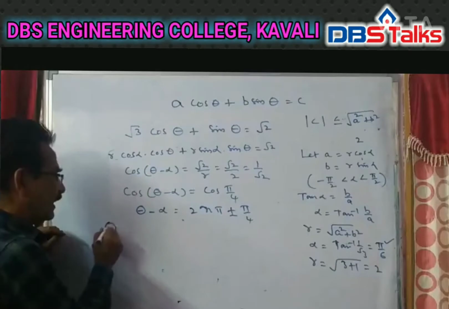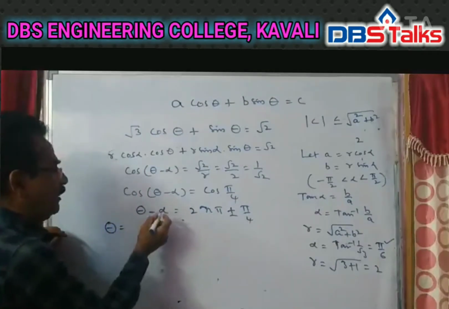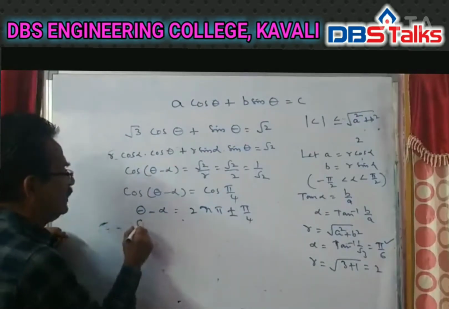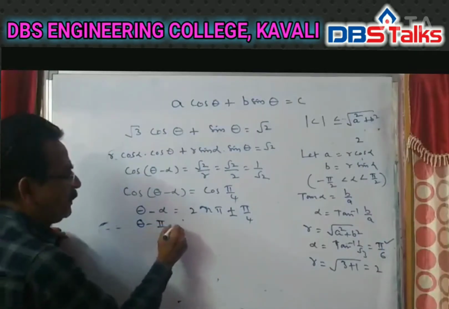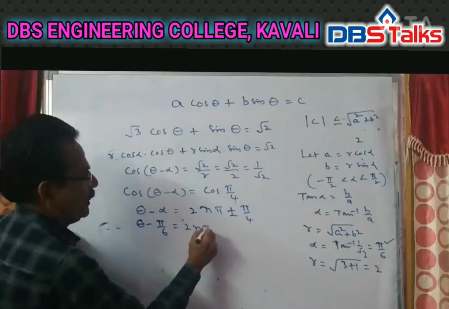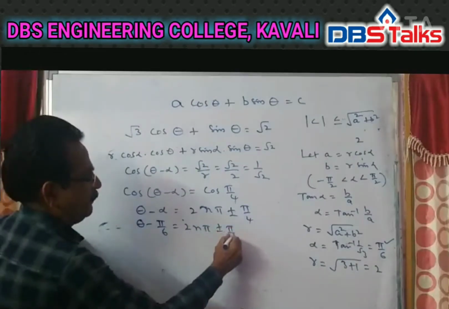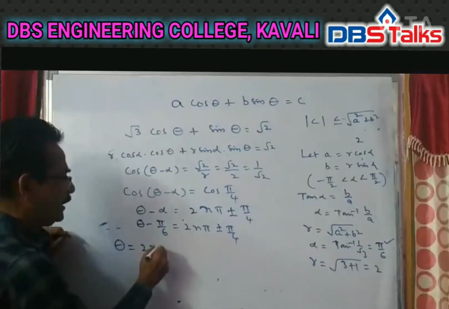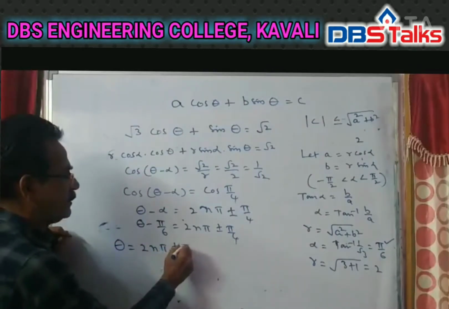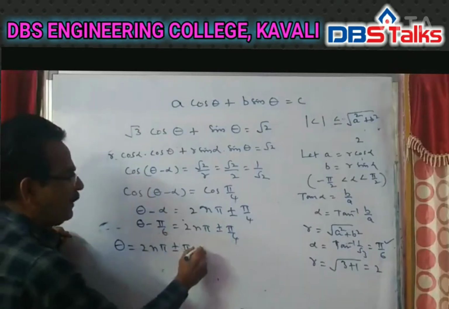Now we want theta. Theta minus alpha is equal to how much, friends? Pi by 6. So theta minus pi by 6 is equal to 2n pi plus or minus pi by 4. Theta is equal to 2n pi plus or minus pi by 4 plus pi by 6.